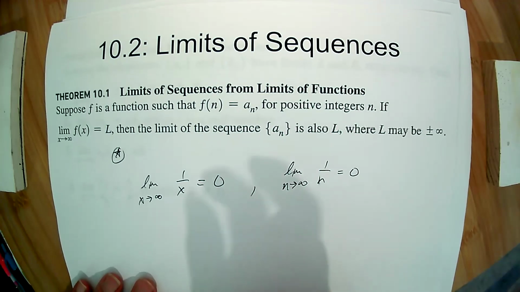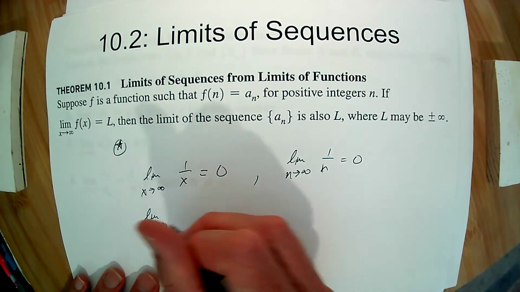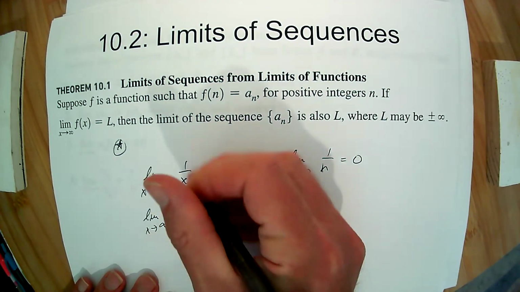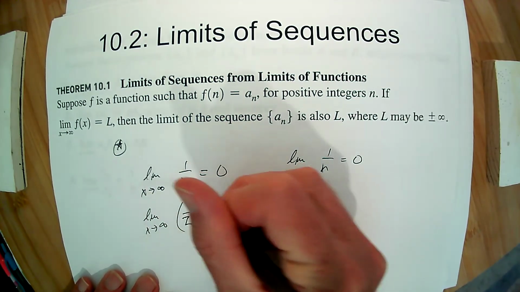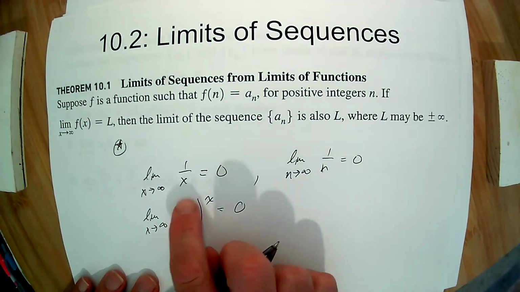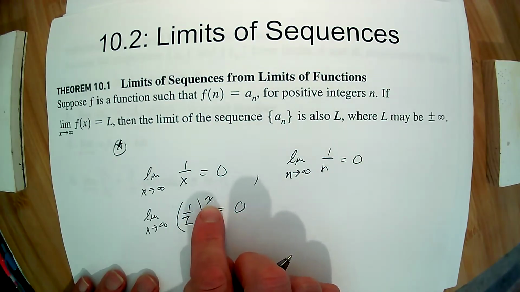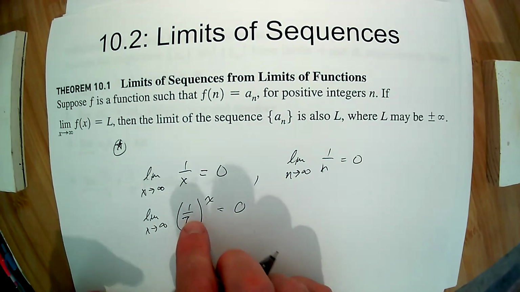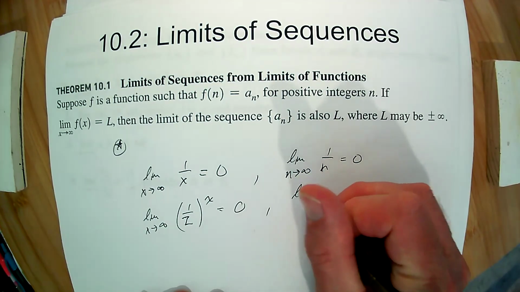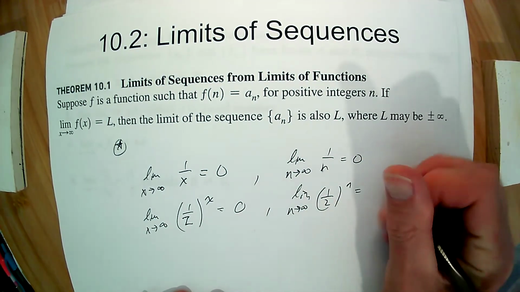Some other facts end up being pretty important. The limit as x goes to infinity of, let's say, 1/2 to the x power is going to be equal to 0. If you take a number that's less than 1 and raise it to larger and larger positive powers, the fraction just decays down to 0. That's the same as saying the limit as n goes to infinity of 1/2 to the nth power is equal to 0.